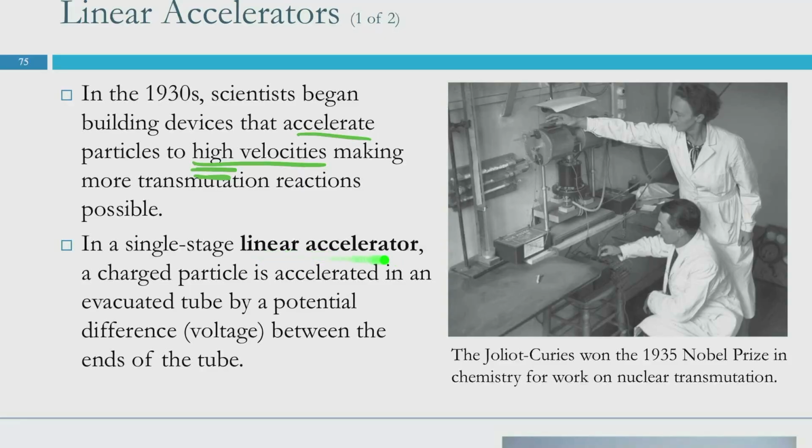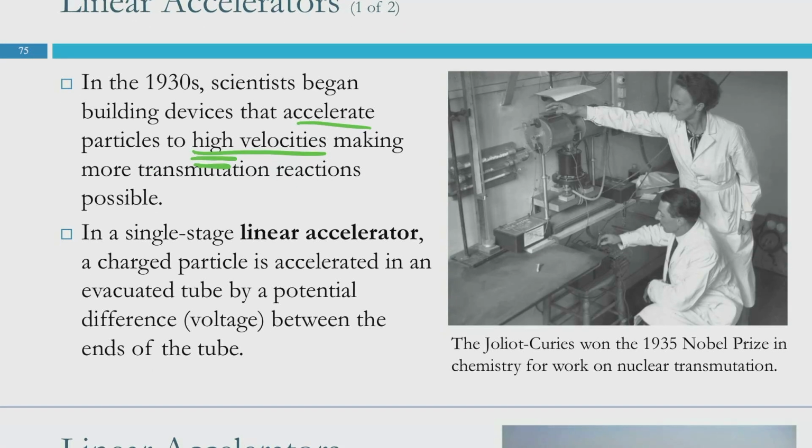In a single stage linear accelerator, you're just accelerating a particle in a line. You're just shooting a particle. So you could take a charged particle and accelerate it by a potential difference. So basically, the rough idea here is pushing an ion with a magnetic field.